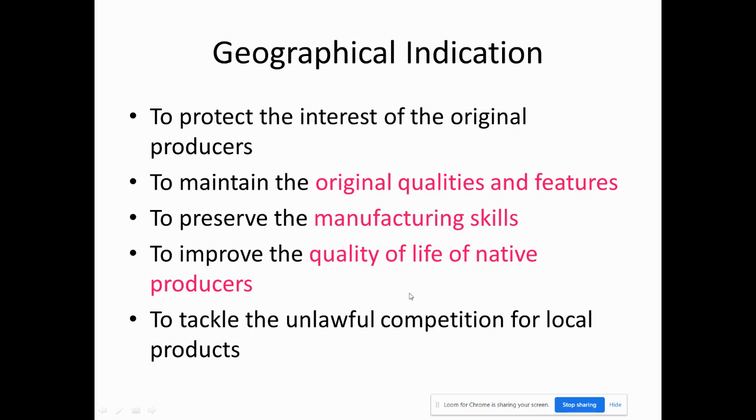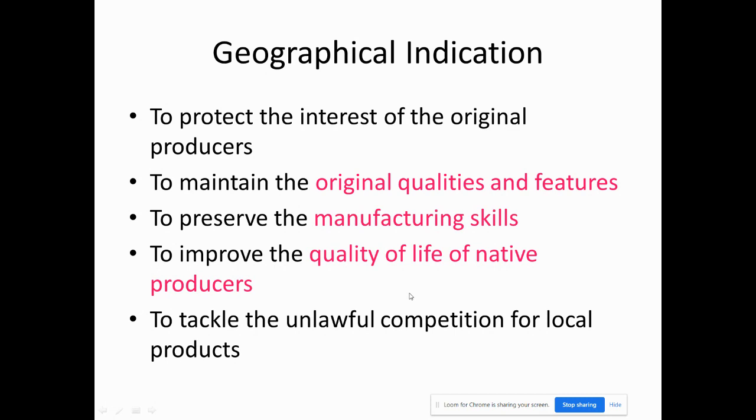Say for example, Kanjivaram saris. People will go and buy the Kanjivaram sari from South India. So when you go and buy the product from the native place, from the native producers, their quality of life will improve.